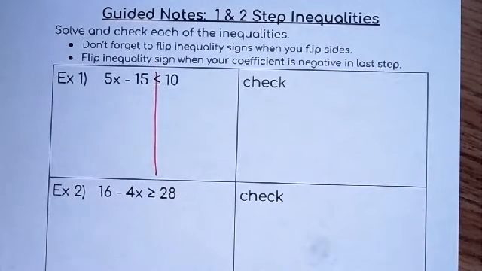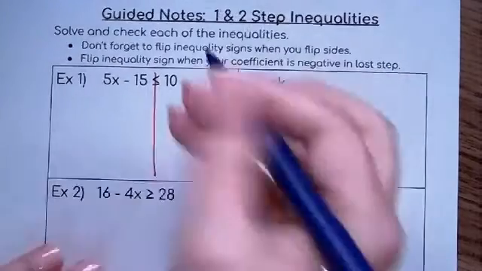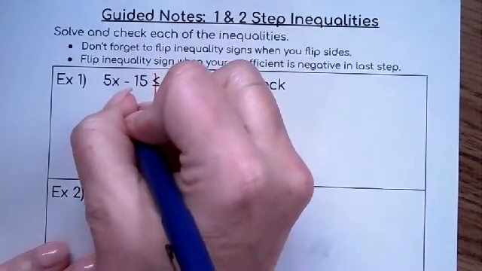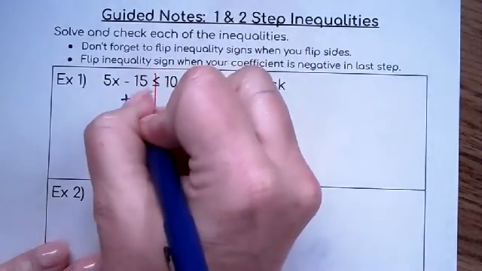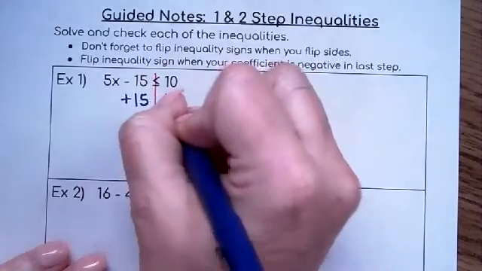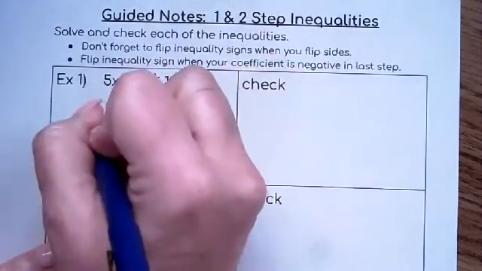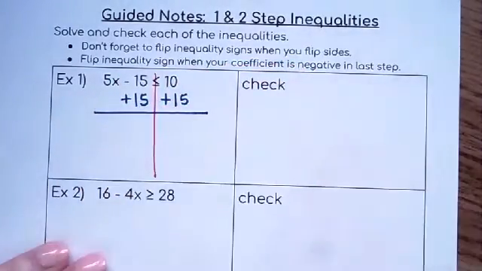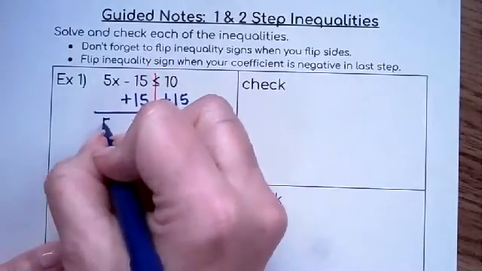Now, I'm going to solve this just like I would if there was an equal sign there instead of that less than or equal to. So we know the first step we're going to do is add the 15 to both sides because it's subtract 15. Just like that. Put my line under there. I'm going to bring down this 5x right here.